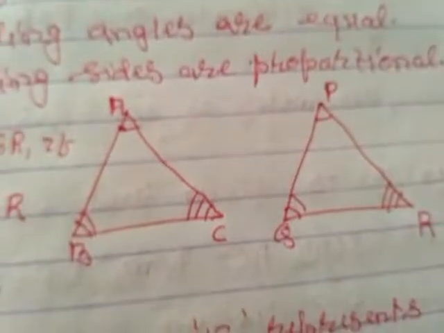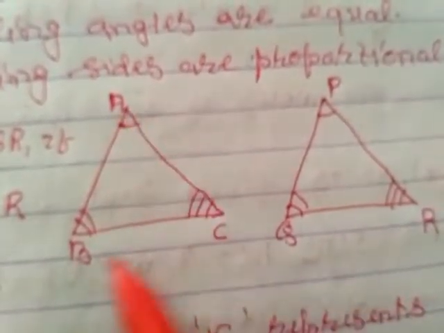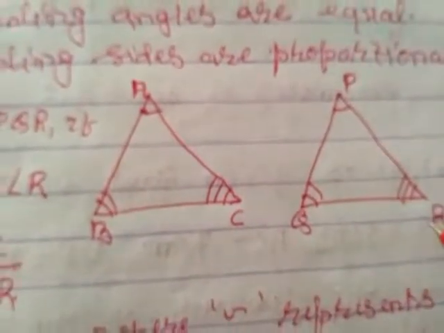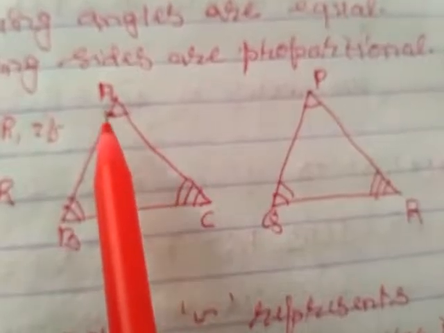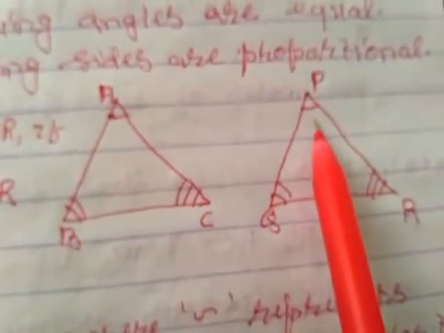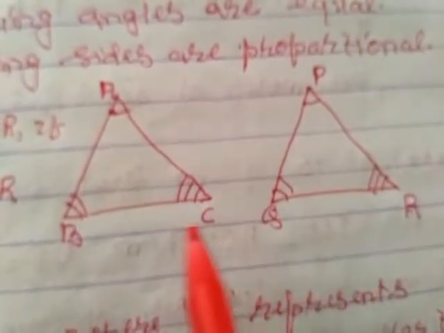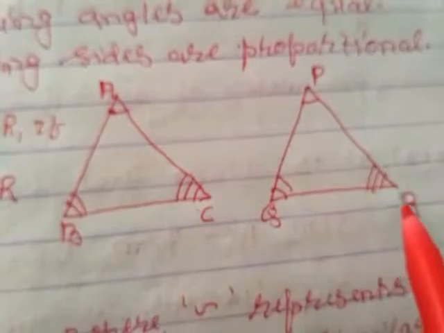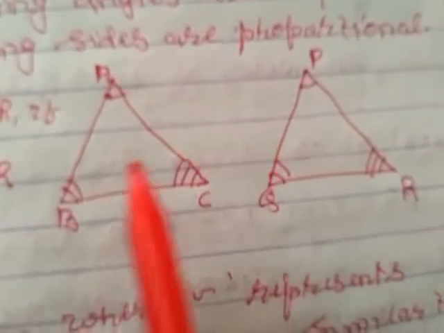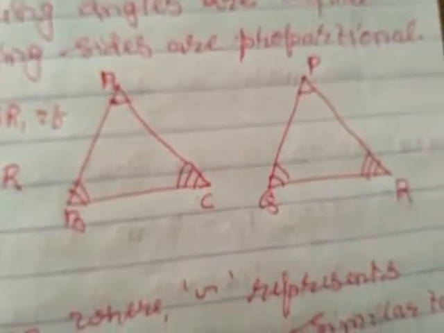Now taking an example, suppose there are two triangles, triangle ABC and triangle PQR. If their corresponding angles, angle A corresponds to angle P, angle B corresponds to angle Q, and angle C corresponds to angle R, are respectively equal, then these two triangles are said to be similar.